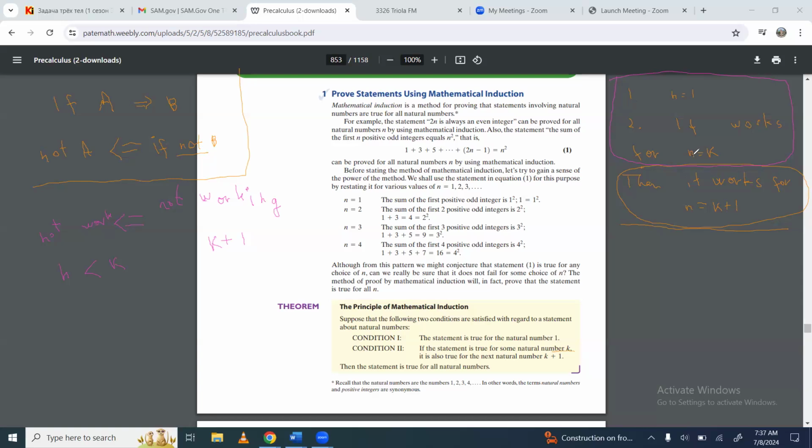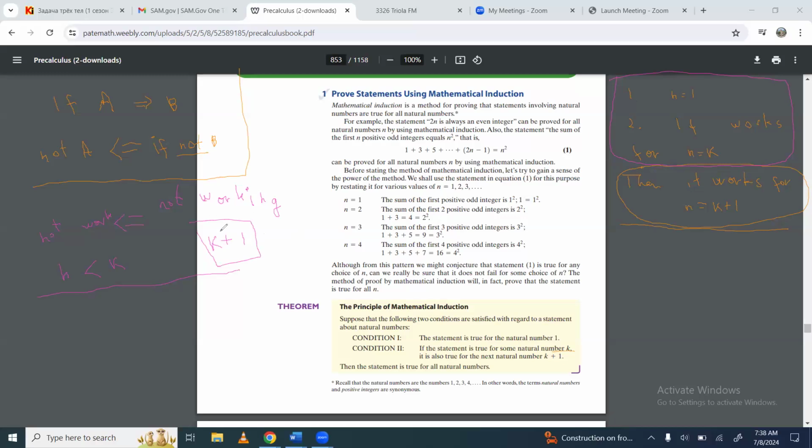So how can I justify that? Well, the justification is as follows. We are given that the statement works, right? So if k is here, then k plus 1 is working. So what if it doesn't work for some element?